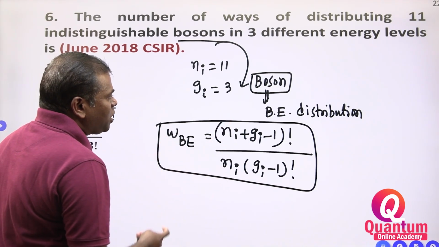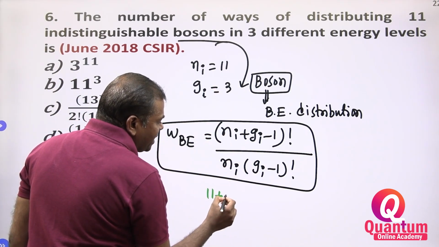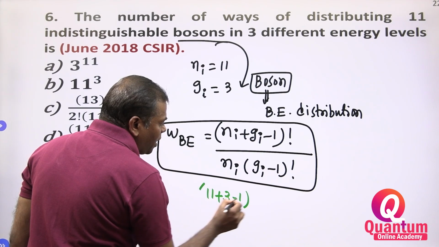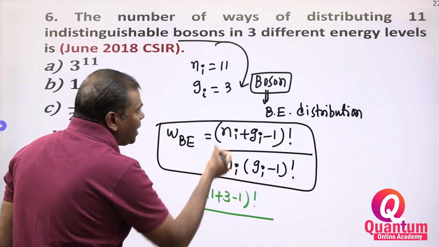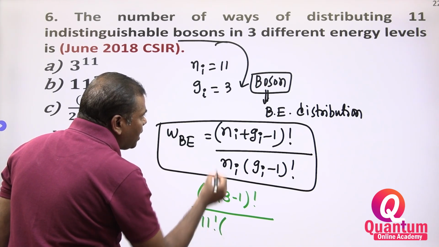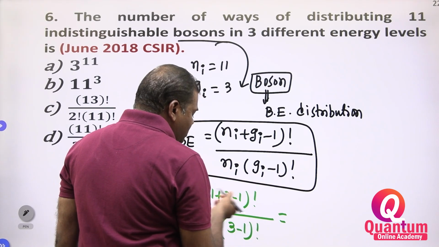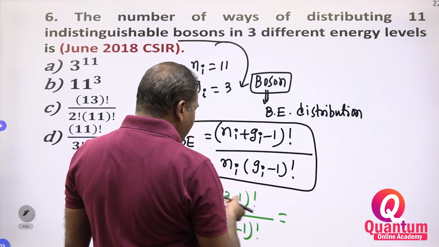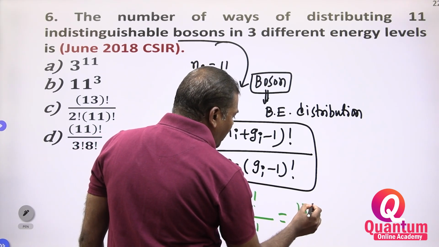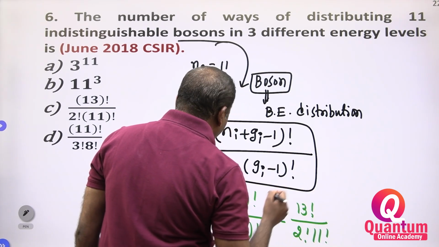Now simply you have to substitute Ni equal to 11 and Gi equal to 3. So (11 plus 3 minus 1) factorial, which is 13 factorial, divided by 11 factorial into (3 minus 1) factorial, which is 2 factorial.